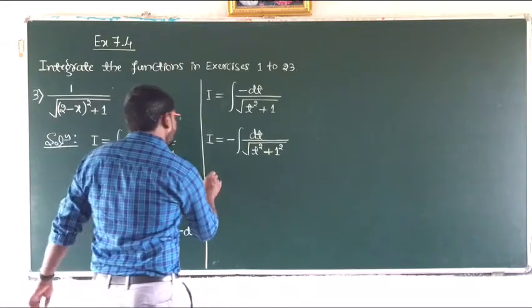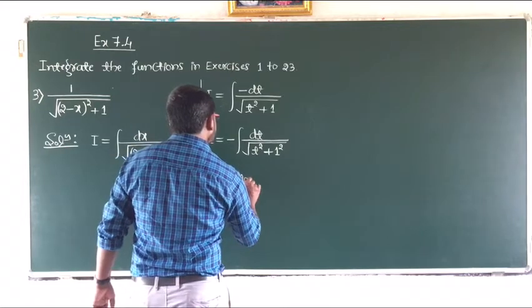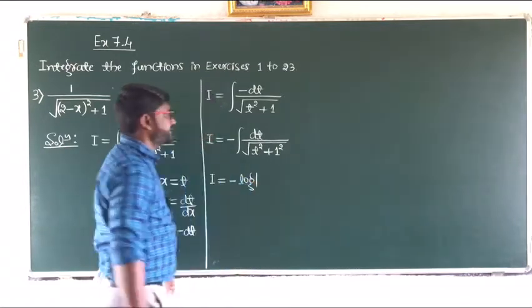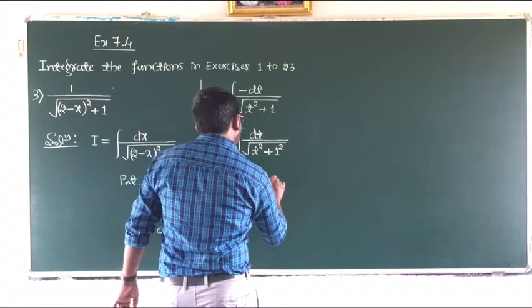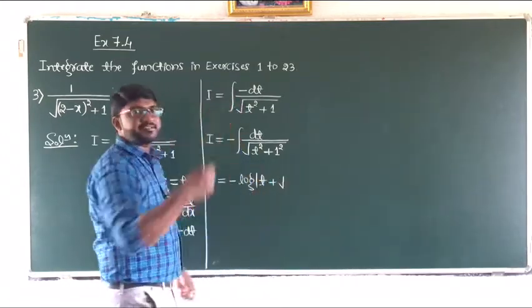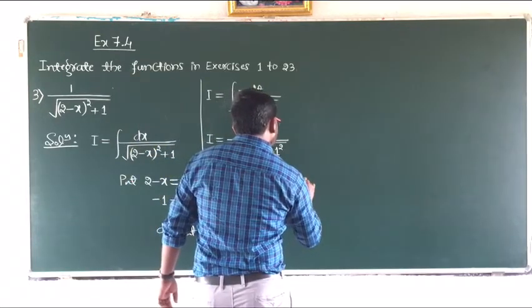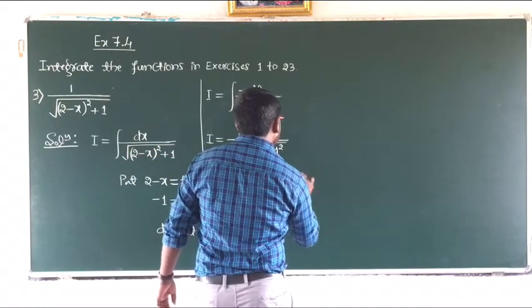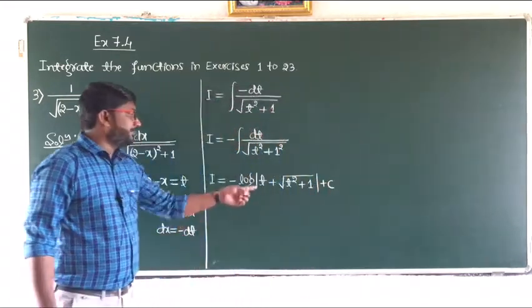So now I which is equals to, I write the minus sign as it is, then log mod, here the variable is t, so t plus under root t square plus 1 square, which will be 1, plus c. So now we have to replace t.